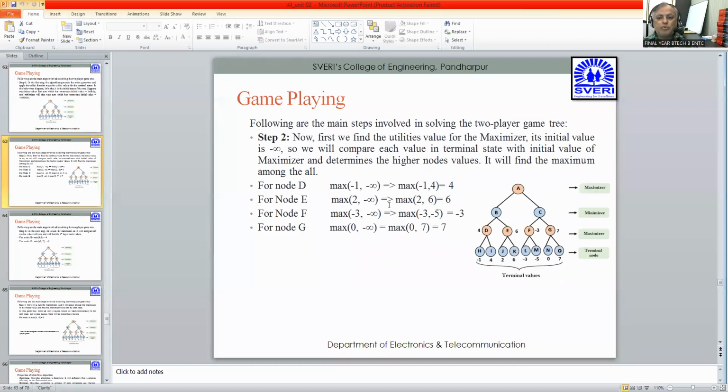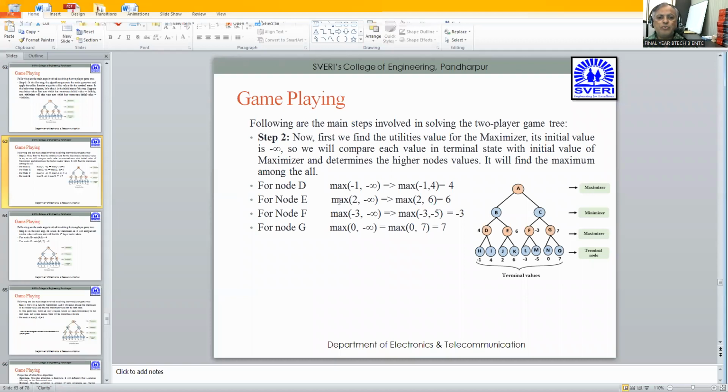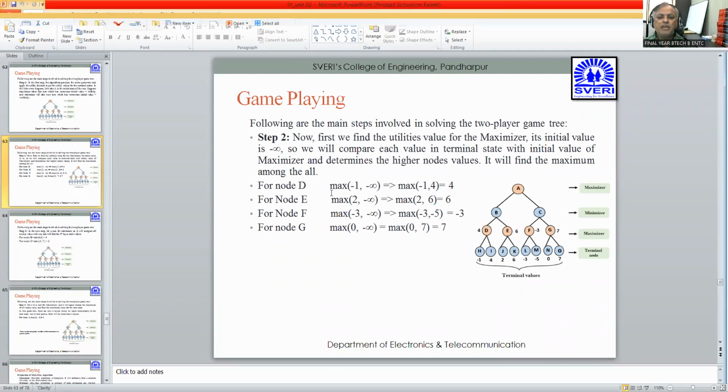Now, step 2. In step 2, we are going to find the utility values for the maximizer. Its initial value is -infinity. So we will compare each value in the terminal state with the initial value of the maximizer, and determine the higher value. It will find the maximum among all of them. Okay? Let me explain what this means and how it works.